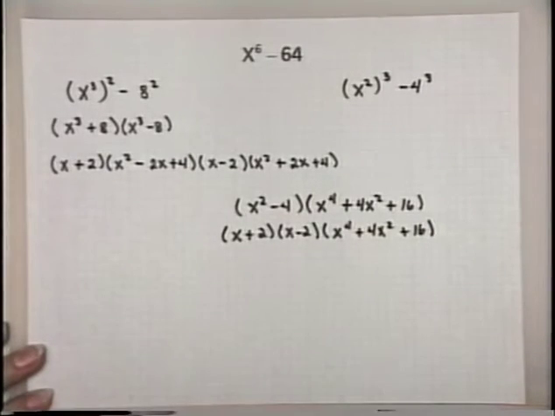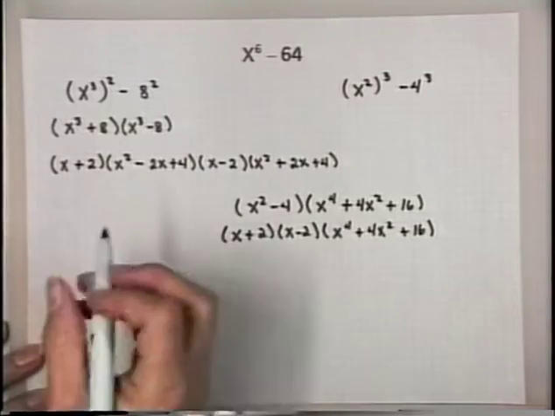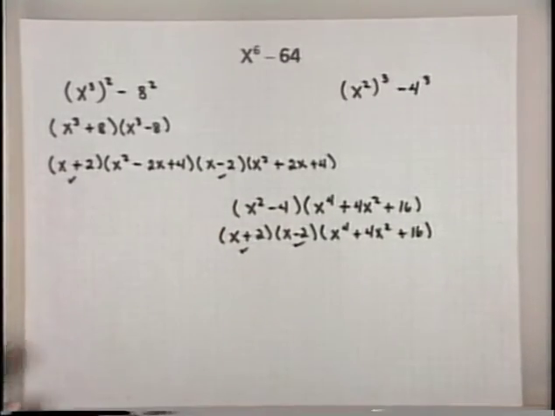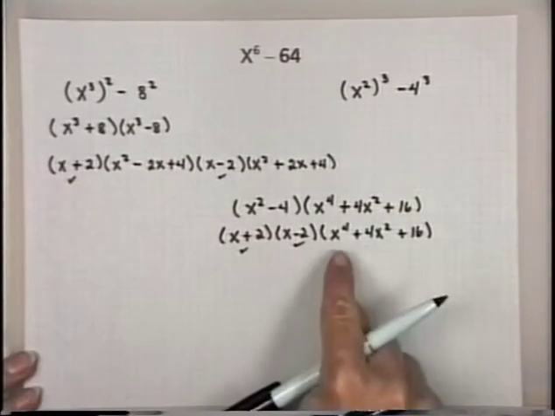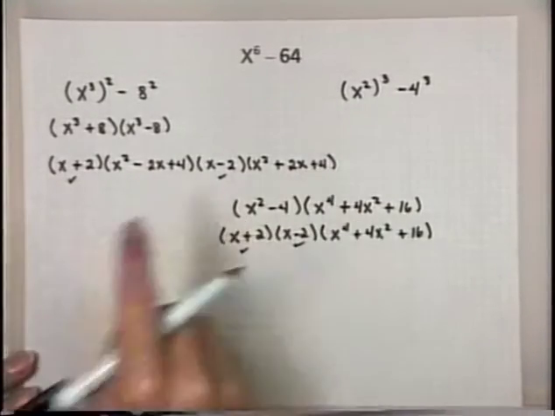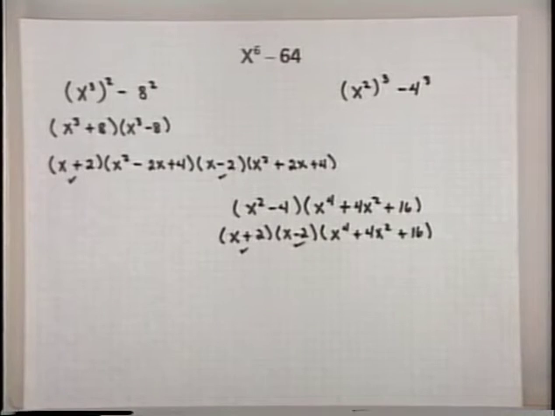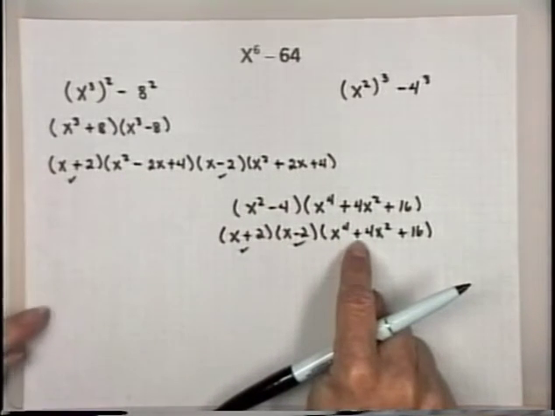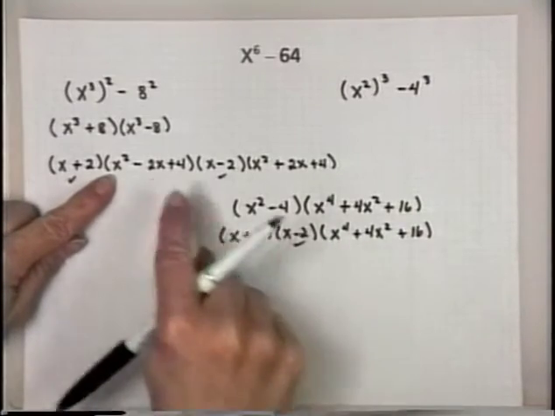Notice here I only have 3 factors. The x plus 2 and x minus 2 factors are the same. But this factor is not the same as these two. Now, let's do one quick little check. If I multiply these two factors together, would I get this factor right here? Let's check that.